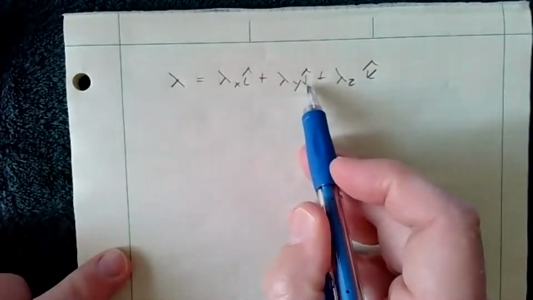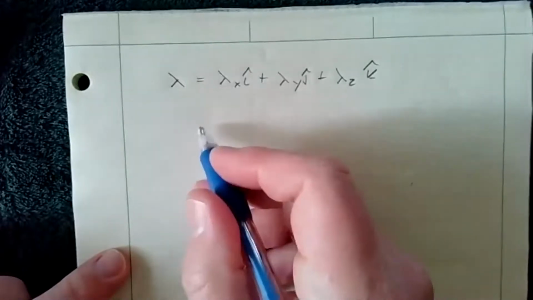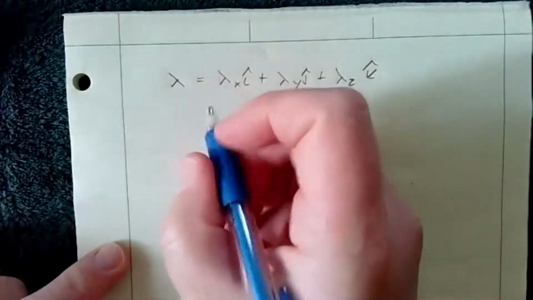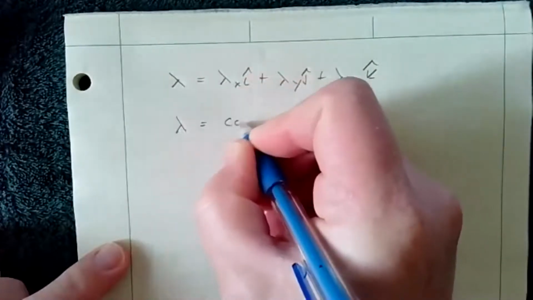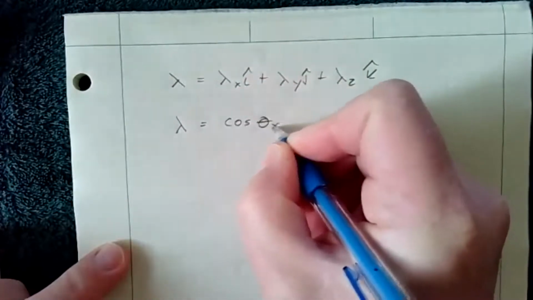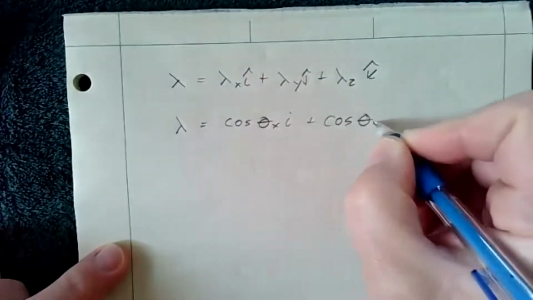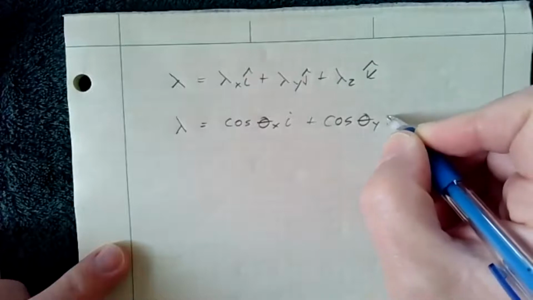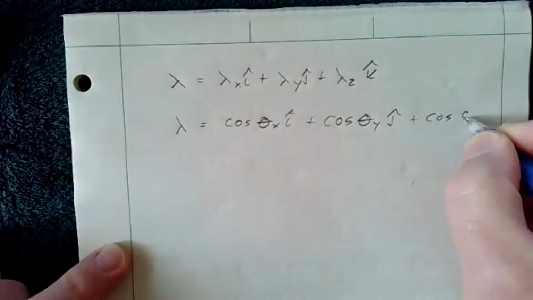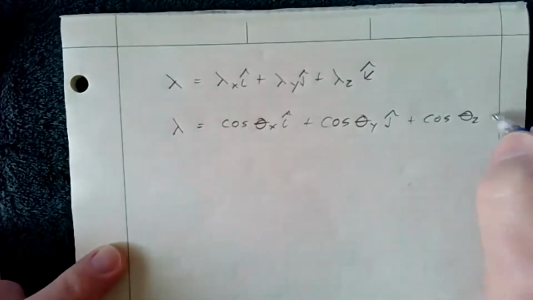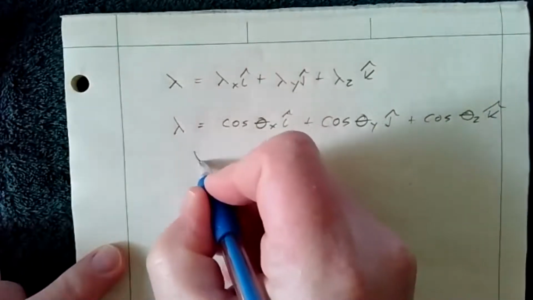So lambda x i, lambda y j, lambda z k, all hat. So another way we could write this though is we know that lambda is equal to cosine theta x i plus cosine theta y j hat plus cosine theta z k hat.